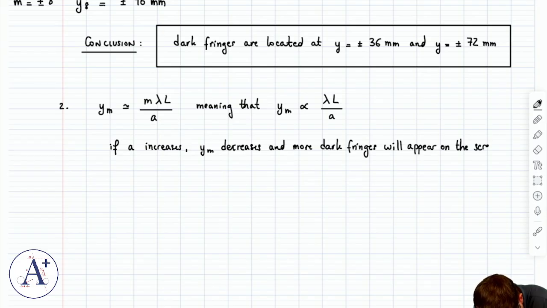Because the screen has a certain size, but if you decrease y sub m, you bring in more of the pattern, and so then you will see more dark fringes on the screen.